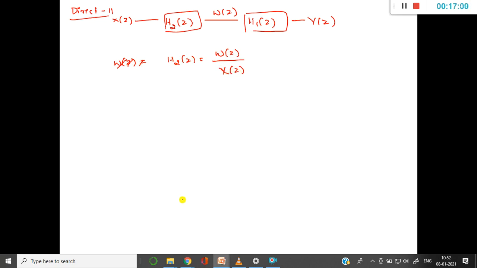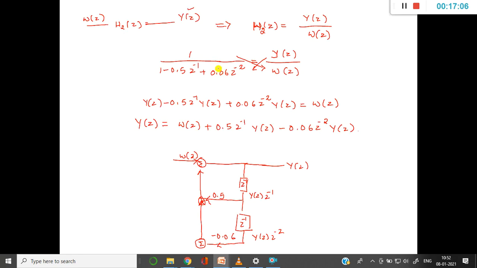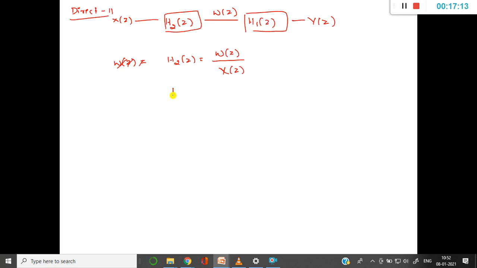What is H2 of z? Don't confuse, let me take H2 of z. So this is 1 divided by 1 minus 0.5 z inverse plus 0.06 z raised to minus 2, that is equal to W(z) divided by X(z).